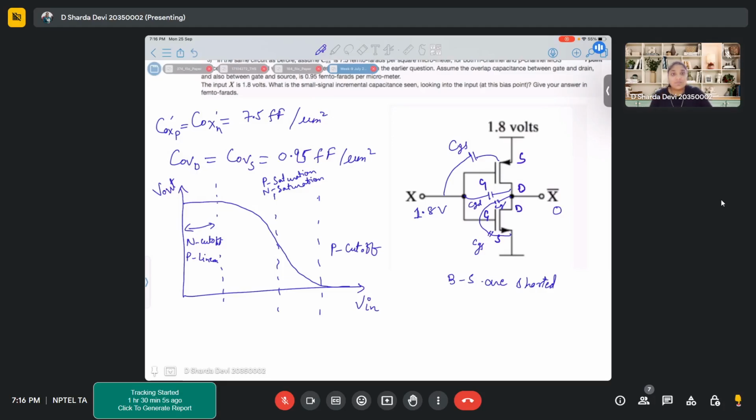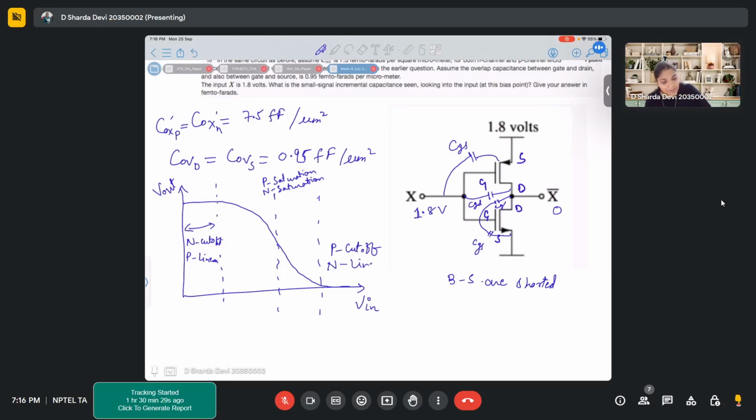VDS is 0, but ideally it is not 0. It is a very small value. So that's why we say that NMOS is not cut off. Rather, it is in a linear region with very small VDS.